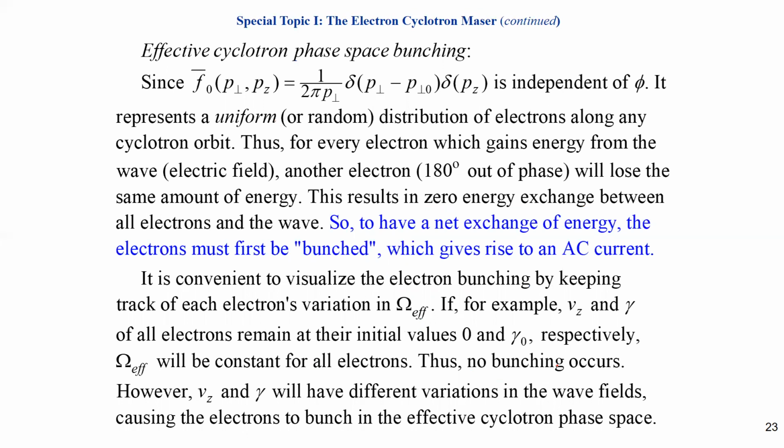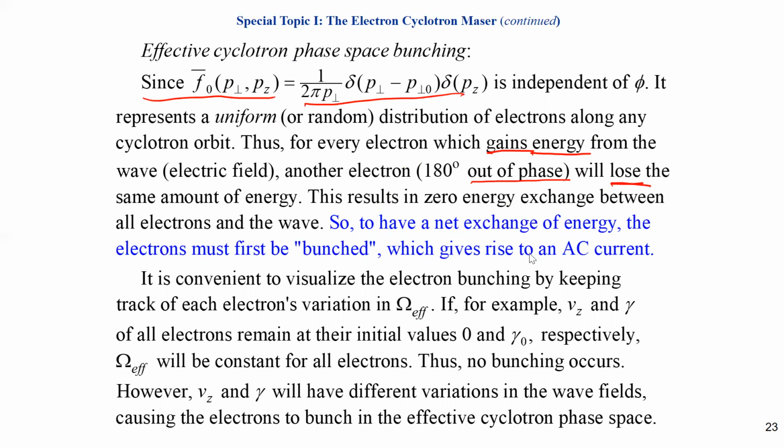And effective cyclotron phase function. Let's read. Since this one is independent of phi, it represents a uniform distribution of electrons along any cyclotron orbit. Thus, for every electron which gains energy from the wave, another electron will lose. 从波那边获得能量，另外就有一些会 out of phase，会损失能量。This results in zero energy exchange between all electrons and the wave.